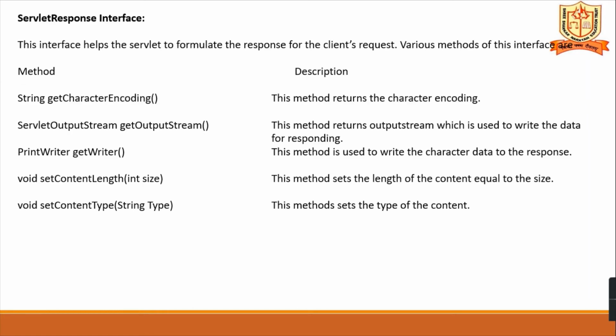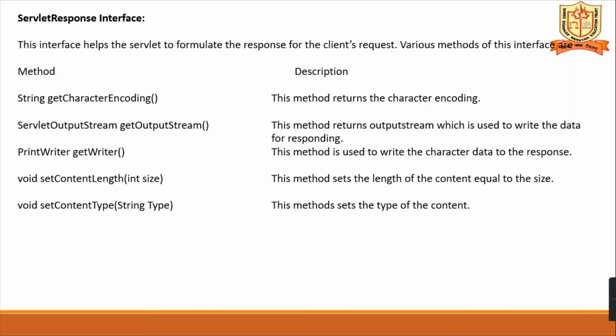And the ServletResponse interface. This interface helps the servlet to formulate the response for the client request. Various methods in this interface are getCharacterEncoding. This method returns the character encoding. And getOutputStream, this method returns the output stream which is used to write the data for responding.